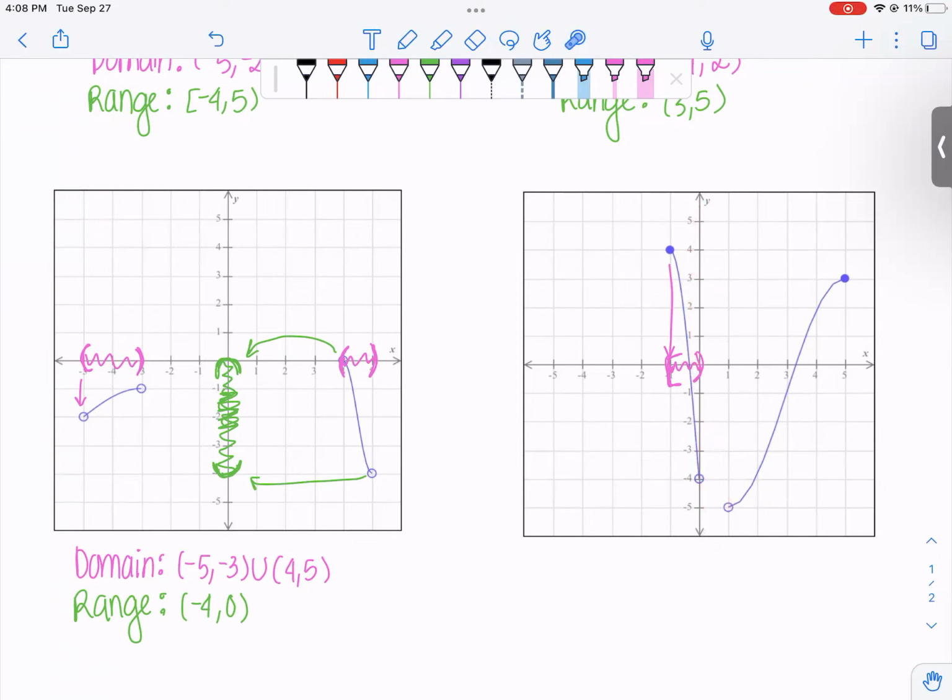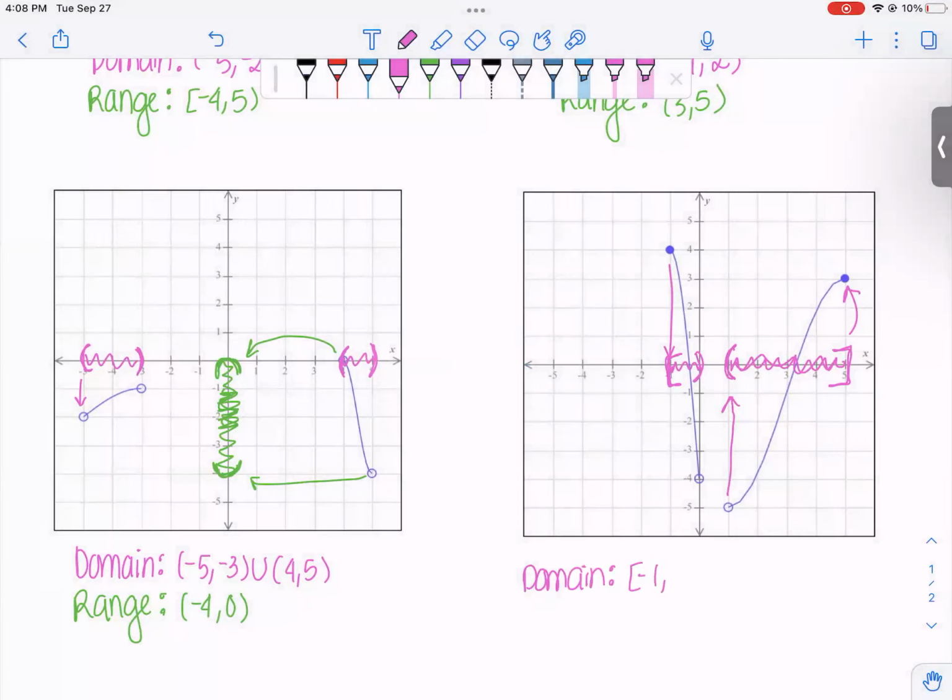We begin again here at 1. Open circle is a parenthesis. That domain continues all the way to here. And that's our domain.